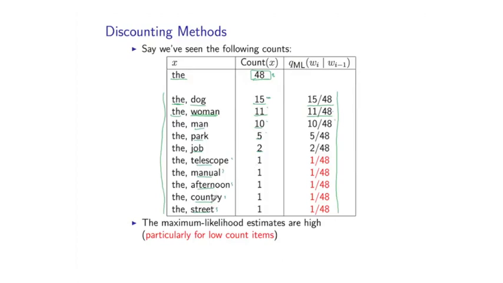That's a rather informal description, but you can actually show rather more formally that these estimates are going to be systematically high. That's particularly true for these low count estimates. For example, the probability of "street" following "there" being 1 over 48 is going to be a rather high estimate in this case.